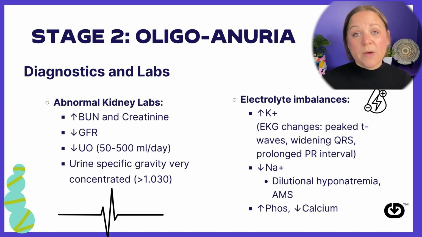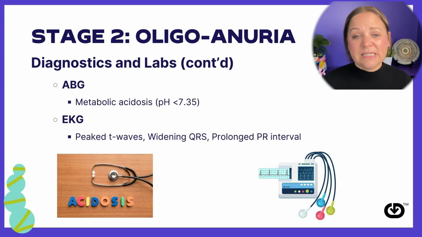So there's so much fluid in the body that the amount of sodium is sort of diluted in all of that fluid, and so it appears that the sodium is lower. Anytime we see low sodium, we can see associated altered mental status as well. And finally, things like phosphorus will go up while calcium will go down, because remember, phosphorus and calcium are always inversely related as electrolytes. Additionally, we're going to see metabolic acidosis on the ABG.